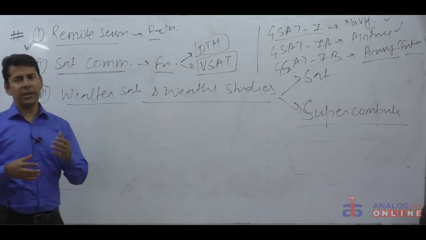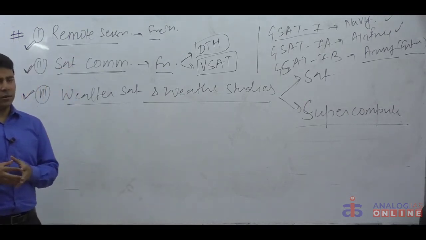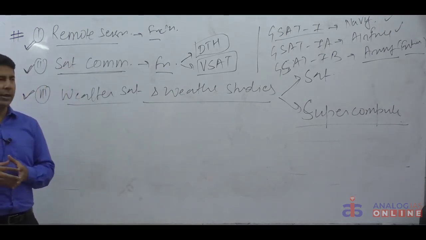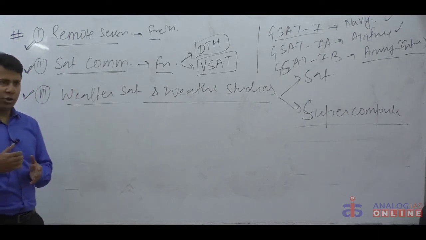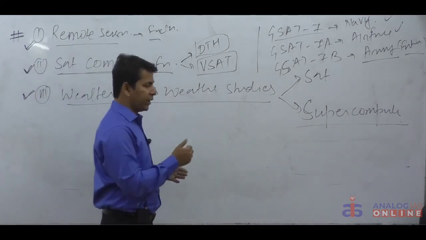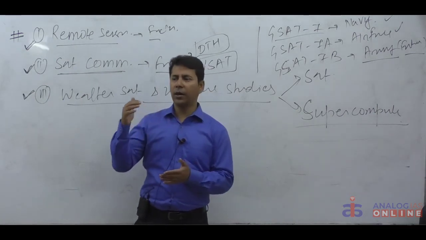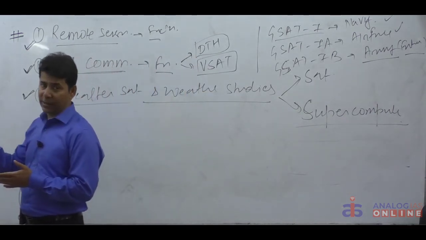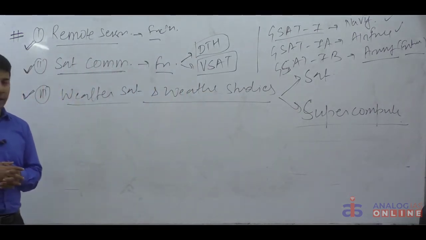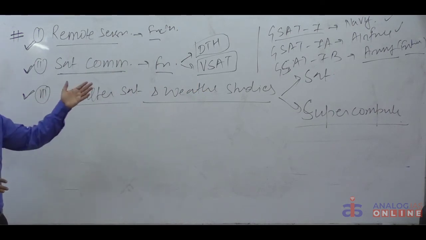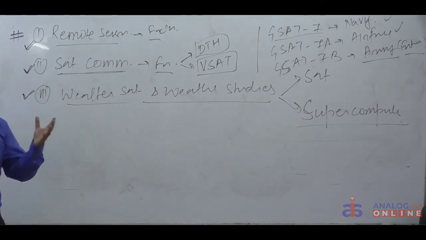So GSAT 7 is with the Navy, and the Navy uses it for the Indian Ocean and for integration in terms of communication with the aircraft carriers, frigates, and the aircraft they have in the area of the Indian Ocean. Similarly, the Air Force was also demanding it, and we fulfilled it recently. And now the third step has been taken and granted by the government, that GSAT 7B will be the third defense communication satellite, dedicated to the Army.